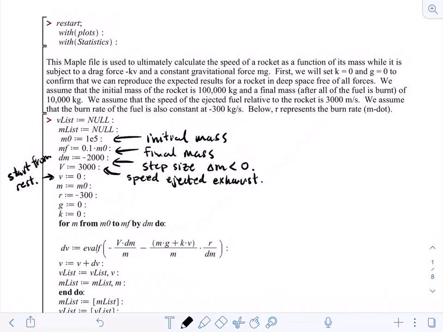So this R is the burn rate of the fuel. Let me go back and take a look at this.